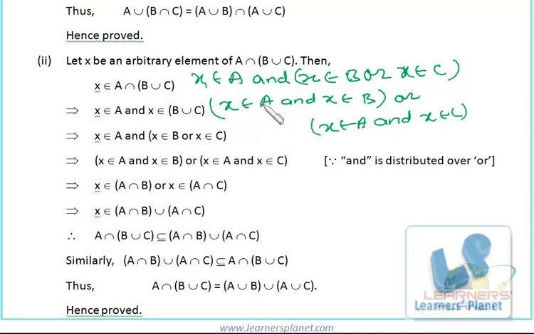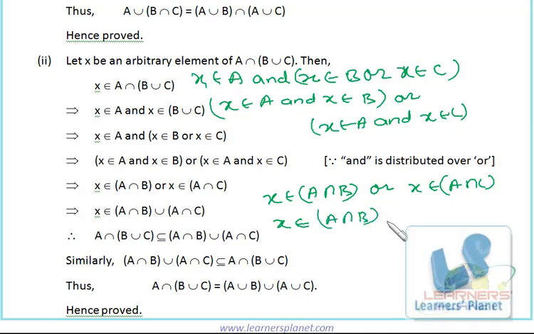Now X belongs to A and X belongs to B, that means X belongs to A intersection B, right? And or X belongs to A and C, so X belongs to A intersection C. Now I replace this or by union sign. That means X belongs to (A intersection B) union (A intersection C), right?